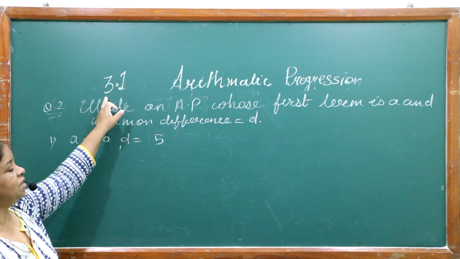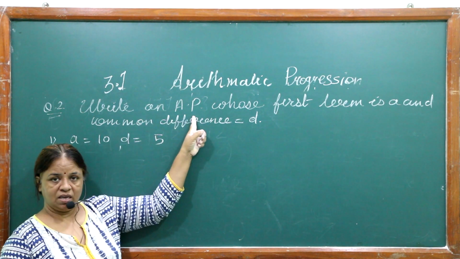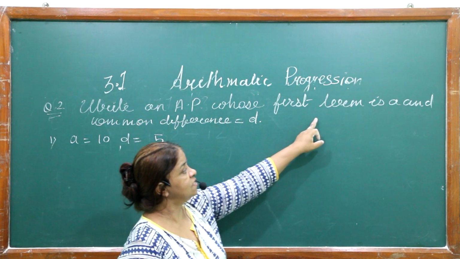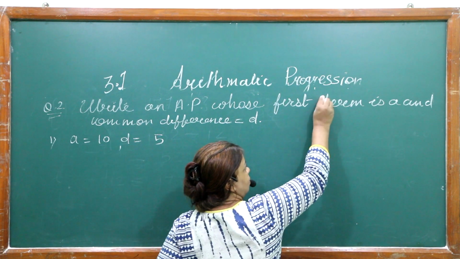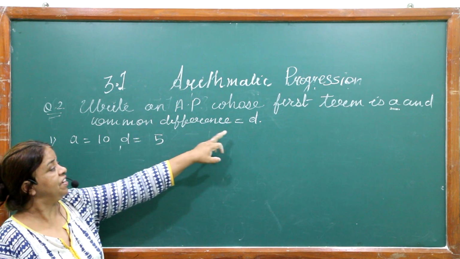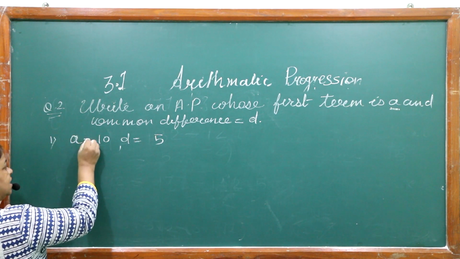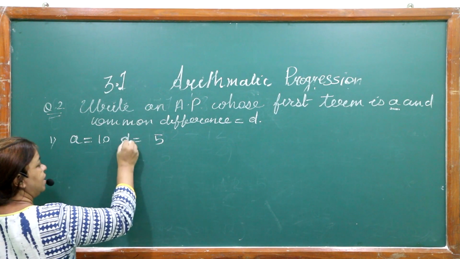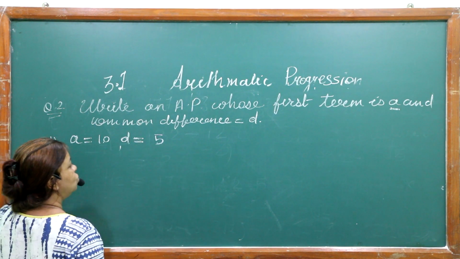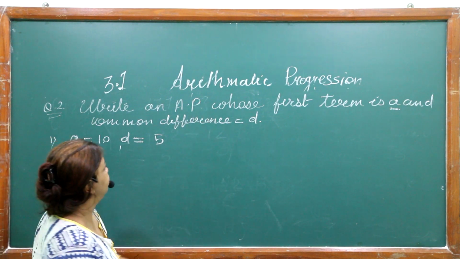So 3.1 question number 2: write an AP whose first term is A and the common difference is D. Here it is given first term is A and common difference is D. So how can you write down the AP?